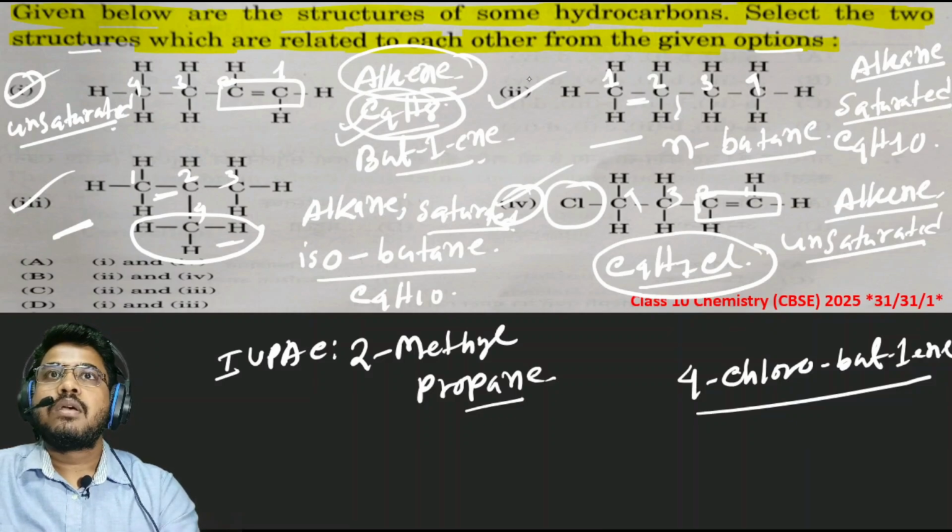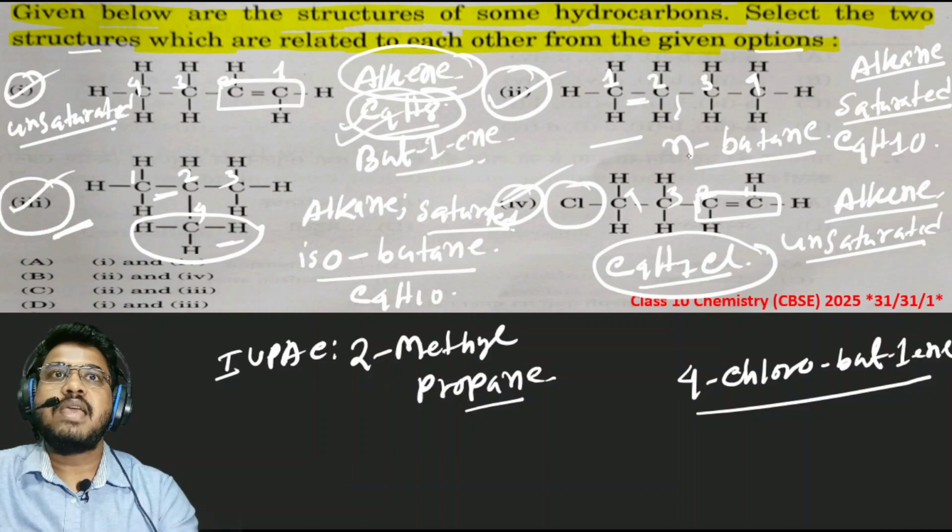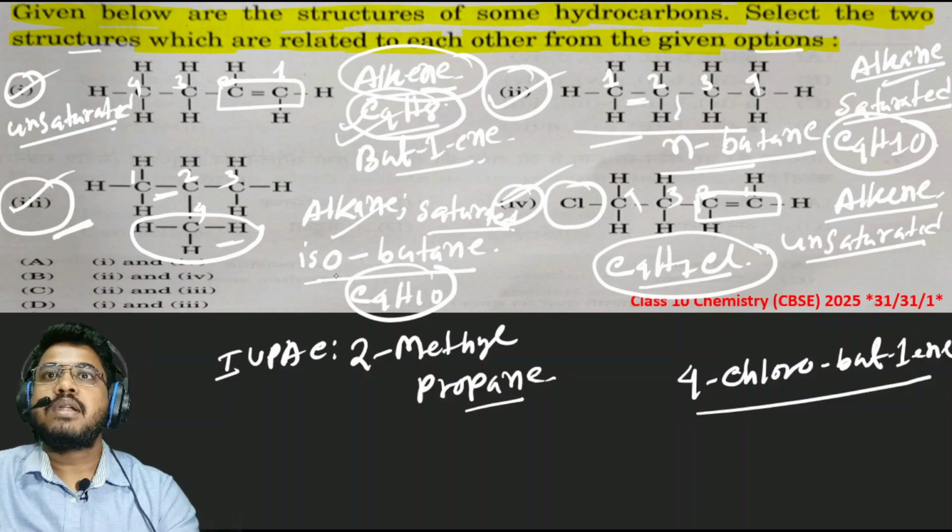Now if we compare option number 2 and option number 3, that is N-butane and isobutane, we can see that both belong to alkane and both have the same molecular formula, that is C4H10, but different chemical structures. In N-butane it is a straight chain, but in isobutane it is a branched chain.